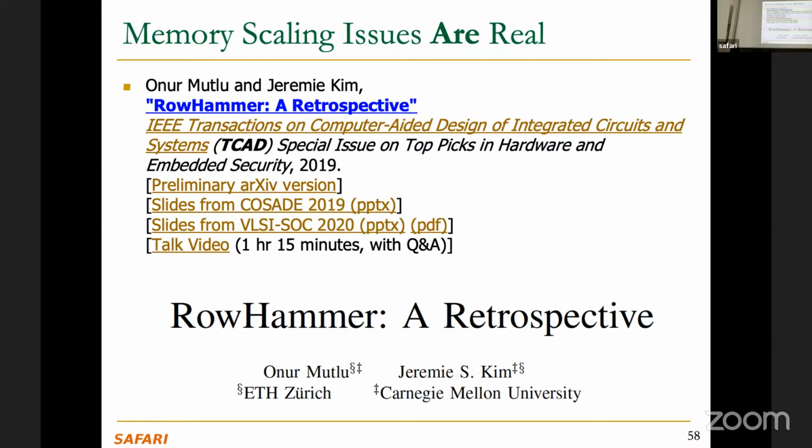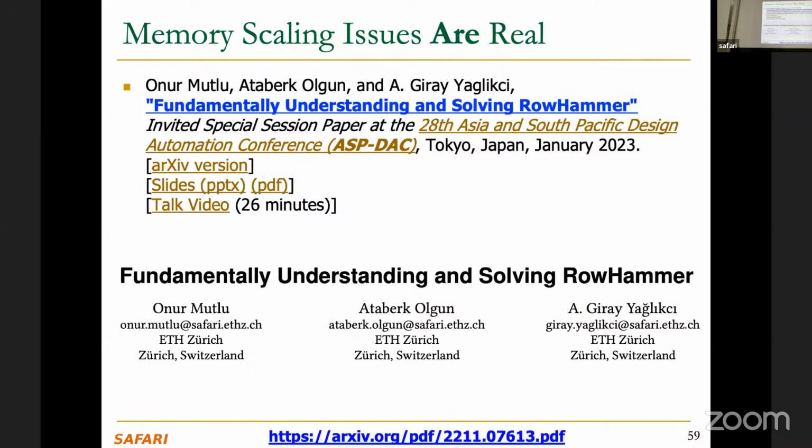Actually, it's becoming worse and worse as we scale the size of the transistors to a smaller technology node size.